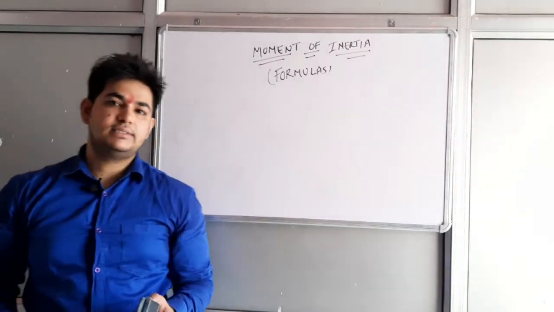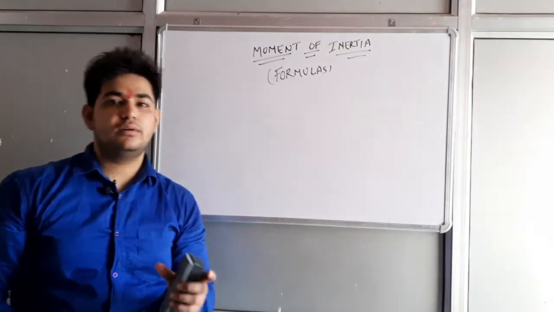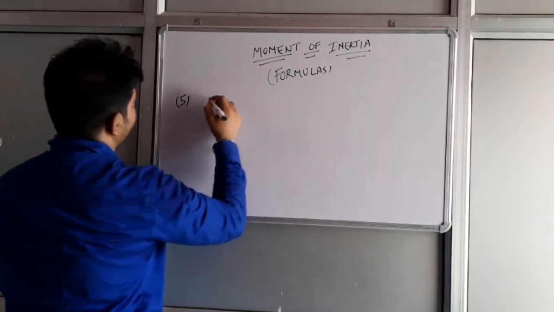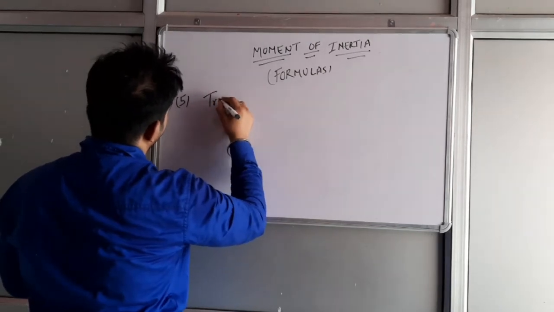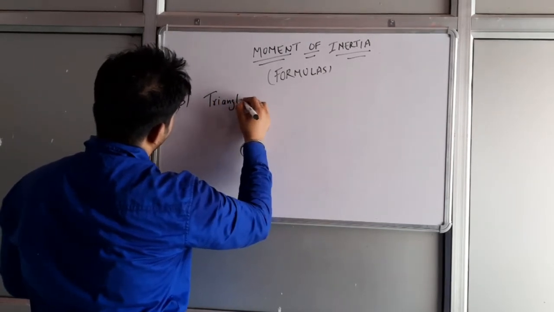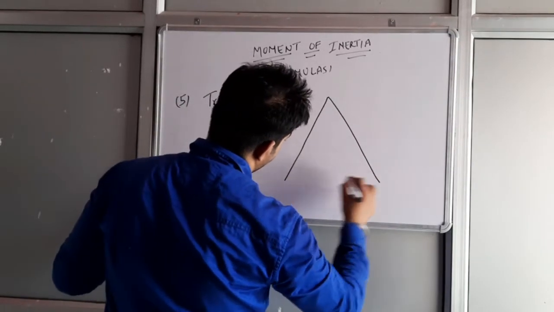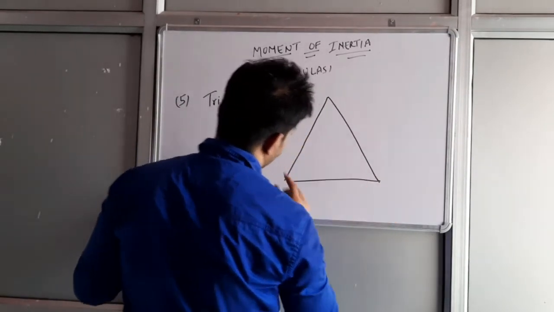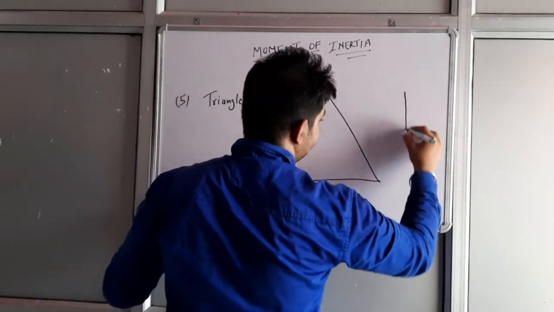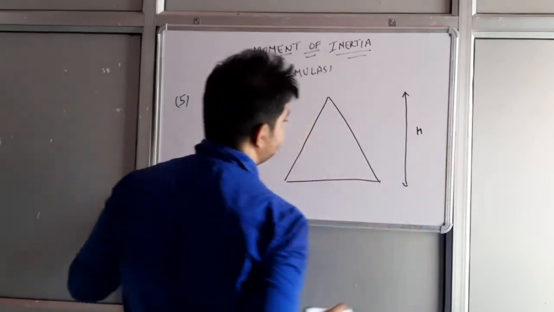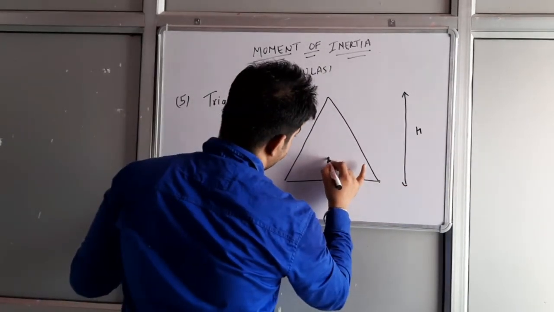Now we will discuss moment of inertia for triangle. The fifth one is triangle. So let us now draw a triangle. The height of the triangle will be, let us suppose, h. This is the centroid.